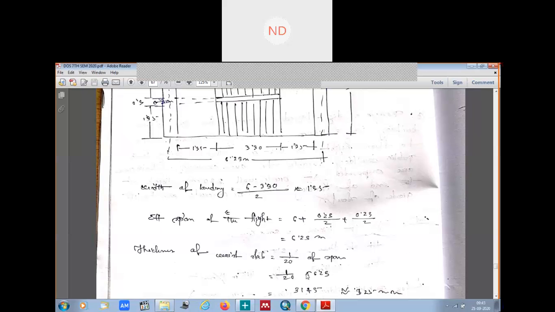So if we take 1/20 into the total effective span of the flight, 6.23, it gives our thickness of the waist slab as 0.3115.